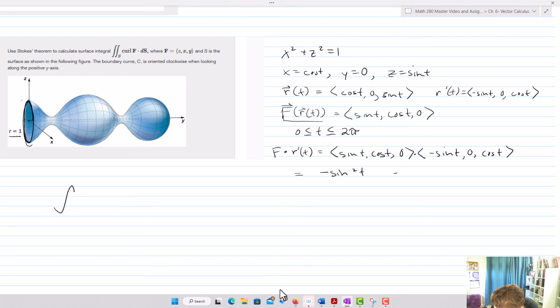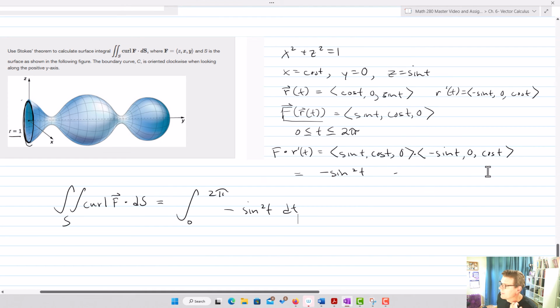So my integral, my double integral, my surface integral, the curl of f dot ds, is going to end up equaling the integral from 0 to 2 pi of negative sine squared t dt. And that's not too much of a problem. We go in, we integrate that. That ends up equaling negative pi.